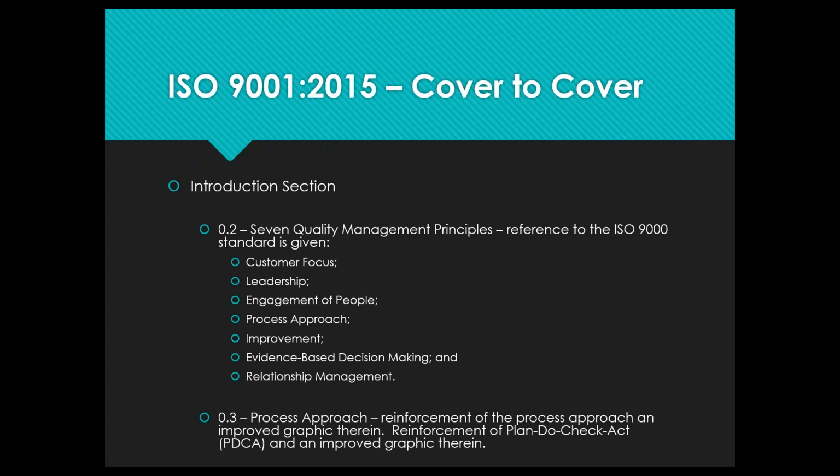We'll be digging into both process approach and improvement a little bit later in the presentation, so I'm going to skip past those for just a second. I want to mention briefly with evidence-based decision-making, this is very much a link back to the ideas that are raised in Section 9. The whole idea that you do not take action or make decisions in an ISO 9001 system without having facts, without having a set of data upon which to base those decisions.